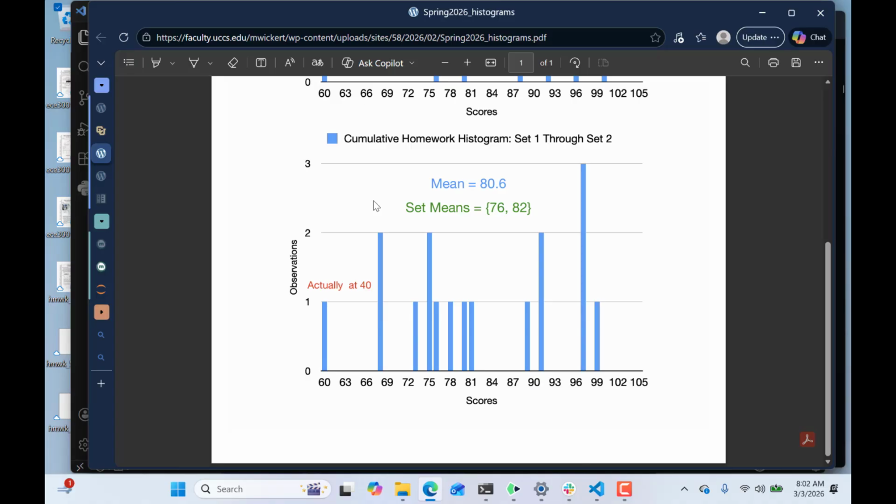The set mean was 76 on the first one, it's 82 on the second, and this is what's gone on in that combination of the two of them. It's kind of like a convolution, though not really, where things are going to fluctuate around. So I'll keep doing that, and if you have any questions, you can ask me about it.